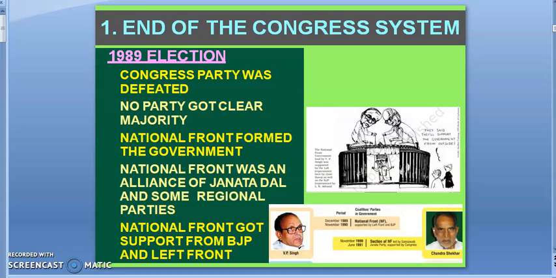And in the last chapter we studied that in 1980, Indira Gandhi again won the election. In 1984, there was the murder of Indira Gandhi, and after that Rajiv Gandhi became the Prime Minister. In the elections of 1984, Congress won the majority of seats. In 1989, when the elections were held, Congress was defeated, as happened in 1977, when the Janata Party was formed.